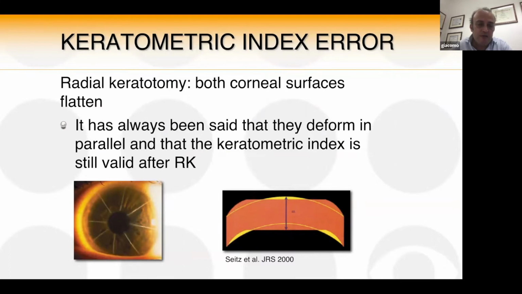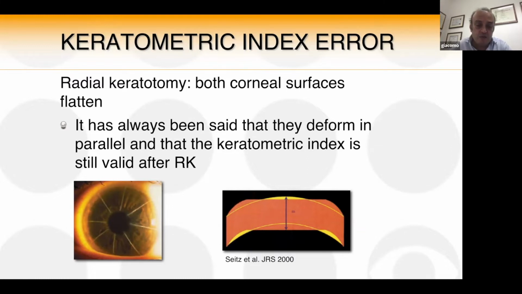And what about radial keratotomy? Because in this case, both corneal surfaces flatten. And for many years, we have told that since they deform in parallel, the ratio is maintained and the keratometric index is still valid.